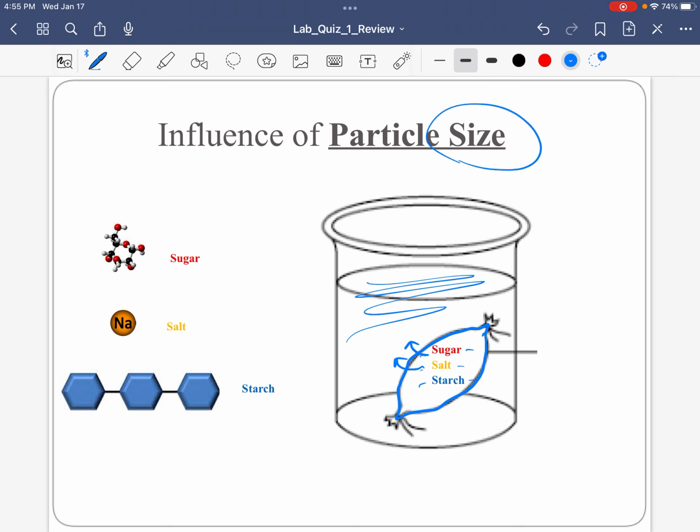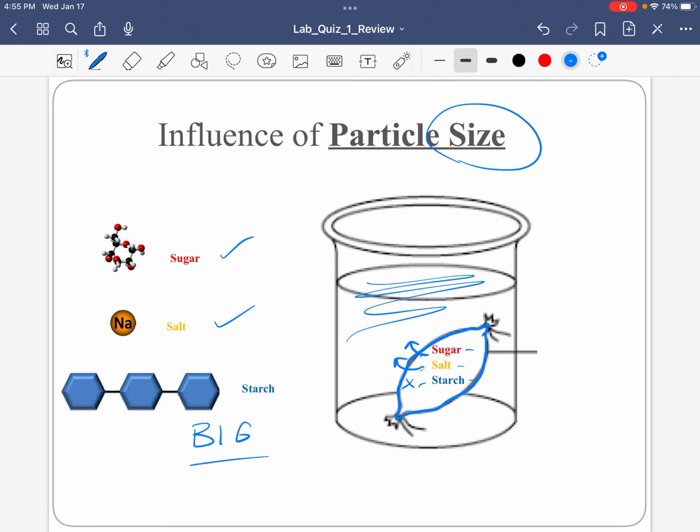This is a matter of size. Sugar and salt are a little bit smaller. Starch is big. What we would have found is that sugar and salt were able to diffuse out of the bag, but starch was not able to diffuse out of the bag.